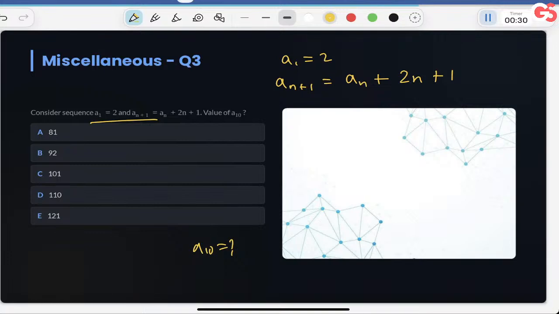Well, Shriyesh says 101. How do you come to this conclusion? Did you actually try to find it out? So obviously you can just keep putting the values n as 1, getting a2, and then doing all that stuff. Is there any other way which we can do here?